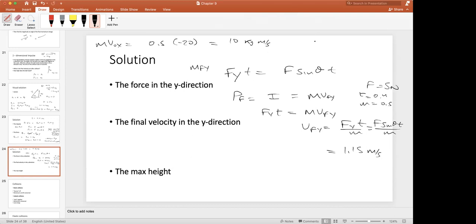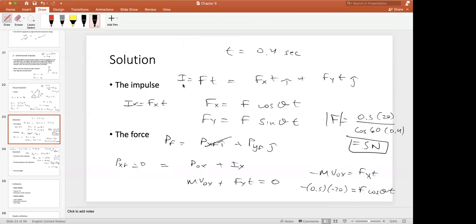And if F sine theta is 10, right? Oh, I'm sorry, F sine times t is 10. Then I get F is 10 over sine theta times t. t is 0.4, sine of 60 is a half. So sine of 60, no, sorry, it's 0.866 times 0.4, so 10 divided by this answer is 28. Yeah, where did I mess that up at?